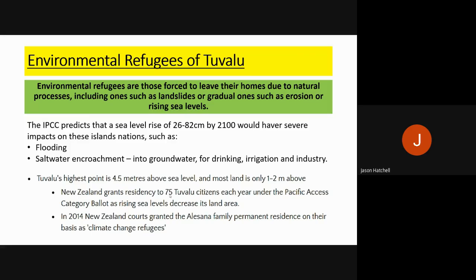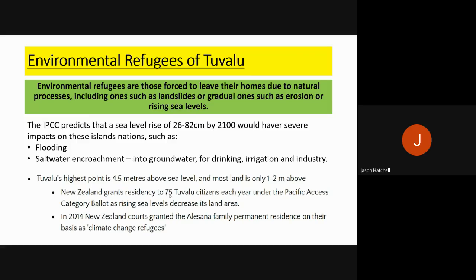So what's happening is New Zealand has granted residency to 75 Tuvalu citizens each year under what's called the PACB, the Pacific Access Category Ballot, as rising sea levels decrease its land area. In 2014, New Zealand's courts granted the Alasana family permanent residence on their land bases due to climate change refugee status.